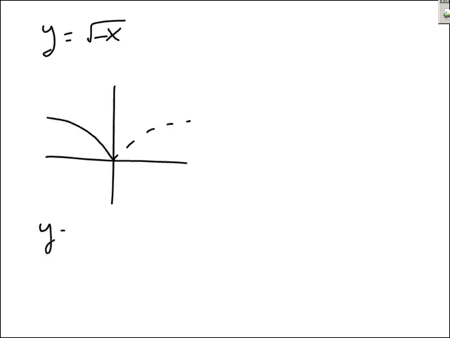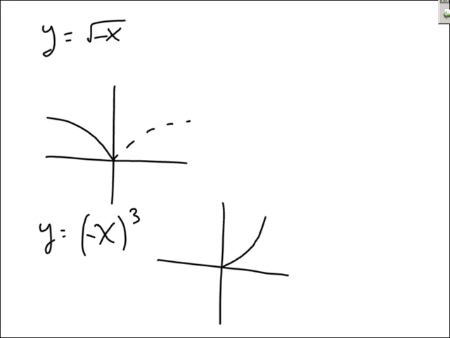If I give you y equals not x cubed, but negative x cubed, well, that's an interesting one, because instead of going this way, I'm going to go that way, and instead of going that way, I go this way.